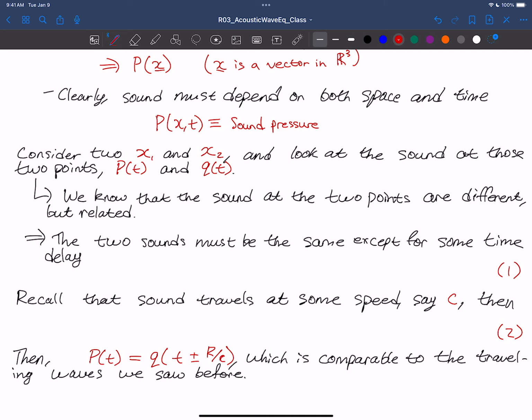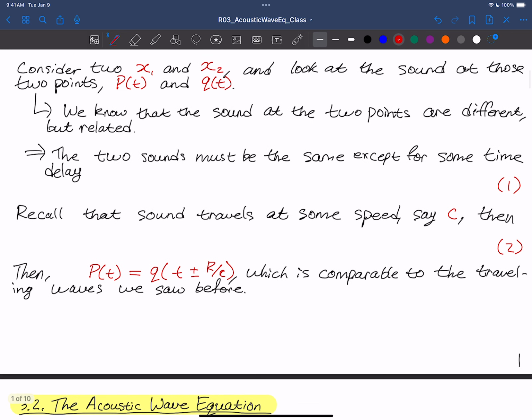So first of all, we're going to know that clearly the sound at two different points in space are going to be different, but they're going to be related in some sense. And what that really means is that the sounds are going to be the same except for some kind of time delay. And so we can say then that p of t must be equal to q of t plus a delta t, so there's that time delay.